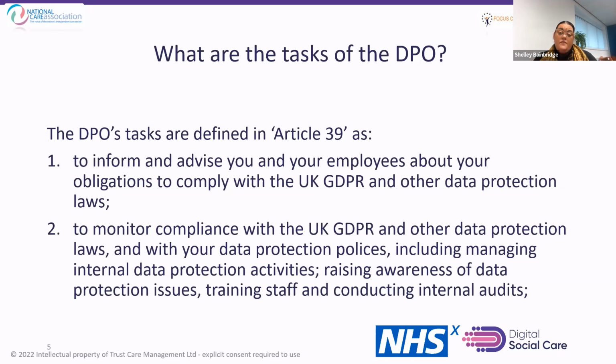A DPO oversees the policies and procedures, and can also sit in your board meetings to talk about governance, making sure that when new changes happen or new projects come in, are we carrying out a DPIA and are we carrying out risk assessments to make sure that we're in line with GDPR laws.